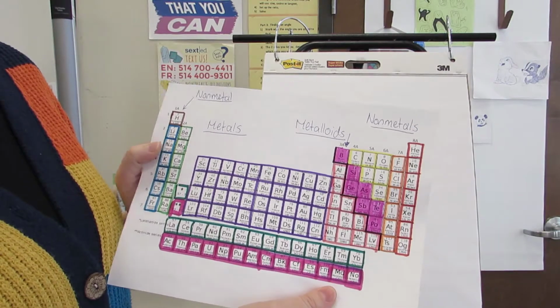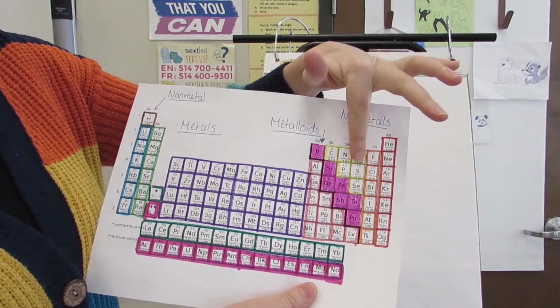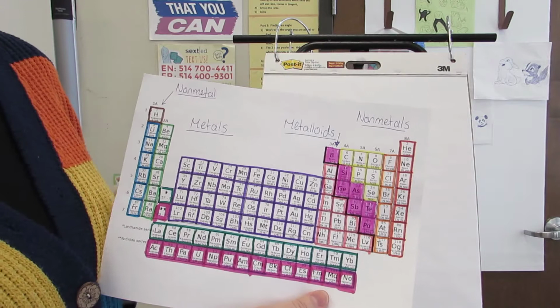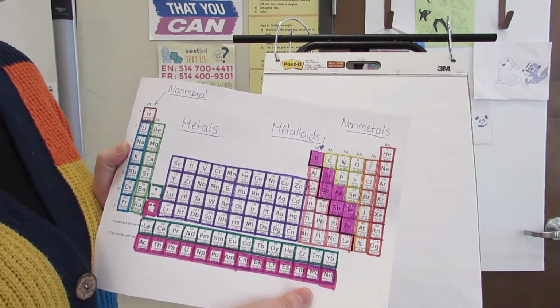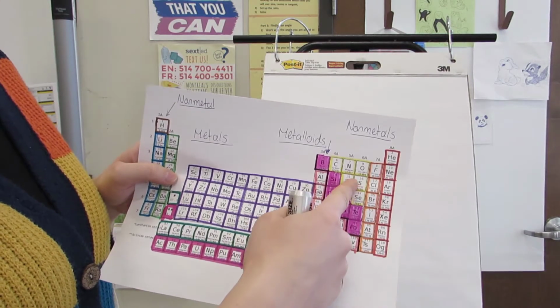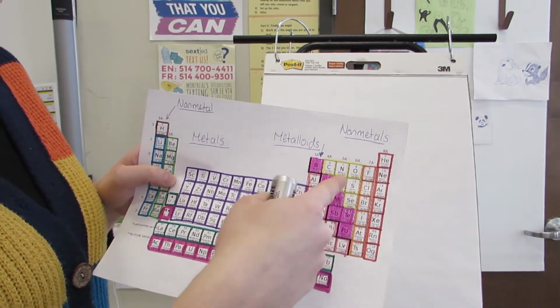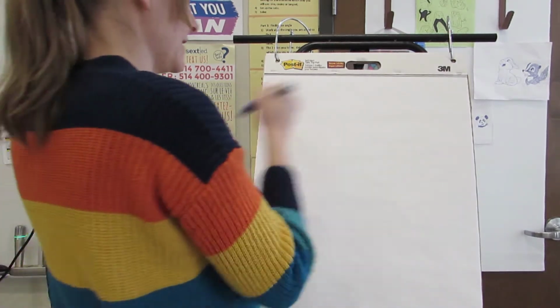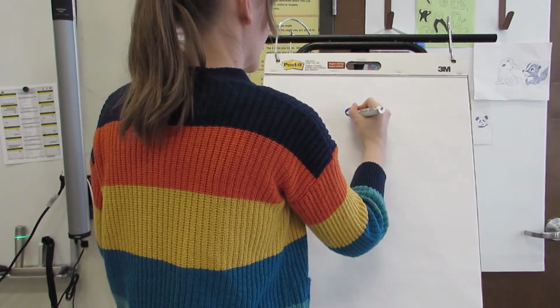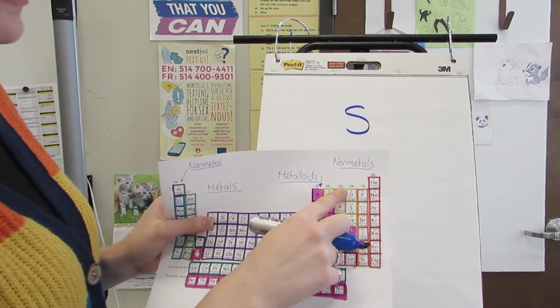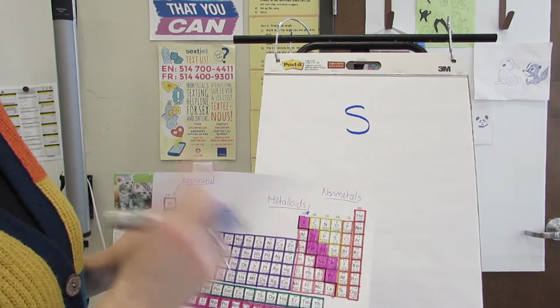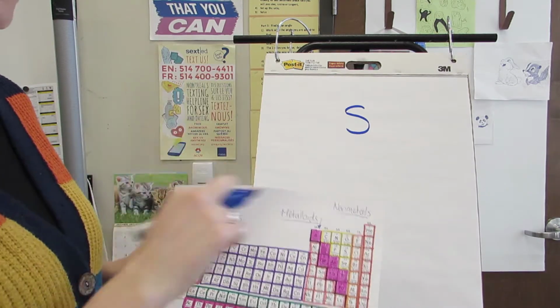Let's try and draw the atom sulfur. Sulfur is number 16. It is represented by S on the periodic table, and it is in group 6. So I'm going to start by drawing a big S right there. Because it is in group 6, I need to draw 6 electrons around the outside.